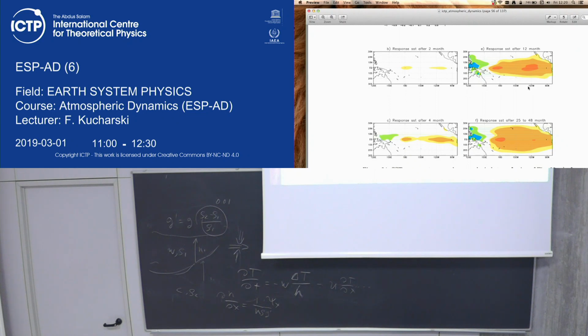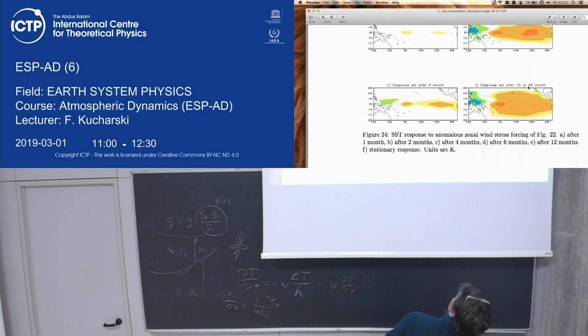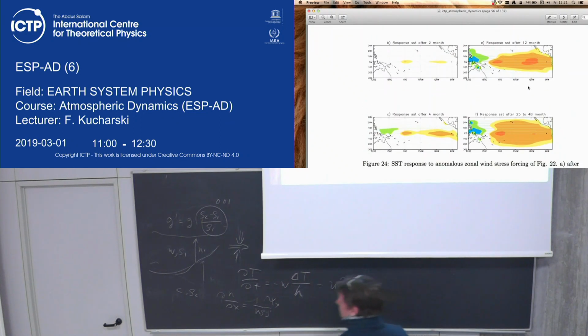So now we have understood, so now the feedback cycle is closed. We have warmed the Eastern Pacific, which has caused the westerly winds. And the westerly winds cause the Eastern Pacific to warm even more. It's a positive feedback loop that we have found here. The time scales of these developments are about months to almost 1 year.